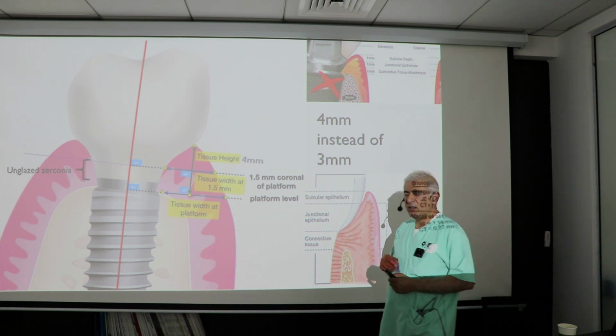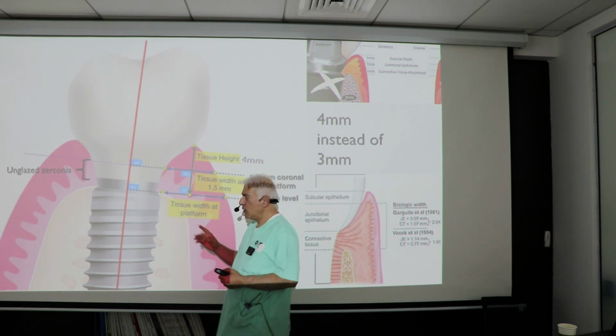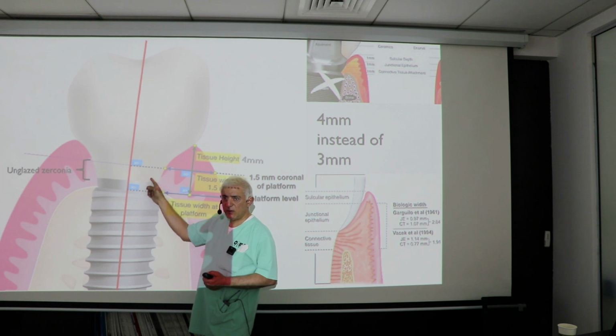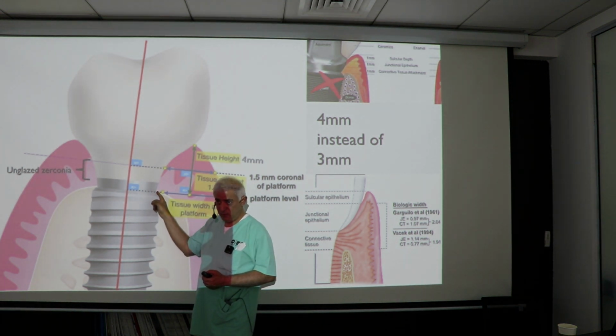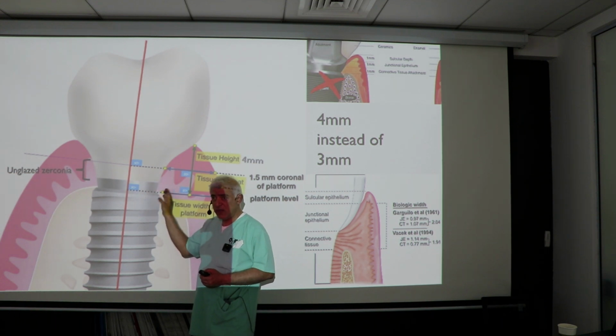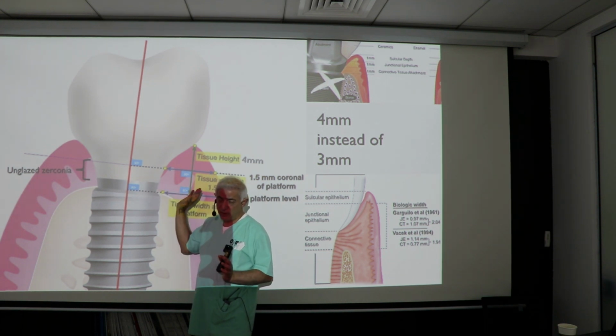What he is explaining is when this becomes concave, not straight or convex, the amount of thickness of the connective tissue here becomes more.